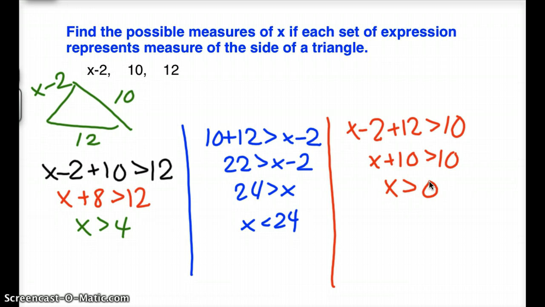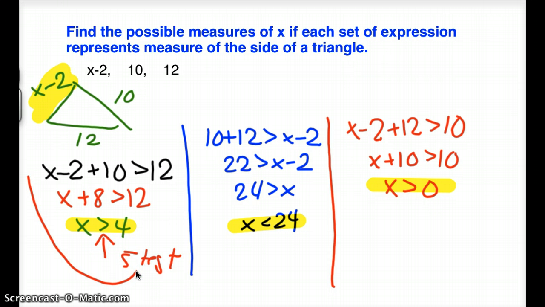Now I need to take a look at my inequalities and see, first off, are they going to work on this side here? If I take numbers greater than 4, so let's say 5, and test 5. Is 5 going to make a valid side? Well, 5 minus 2 is 3, so this one works.